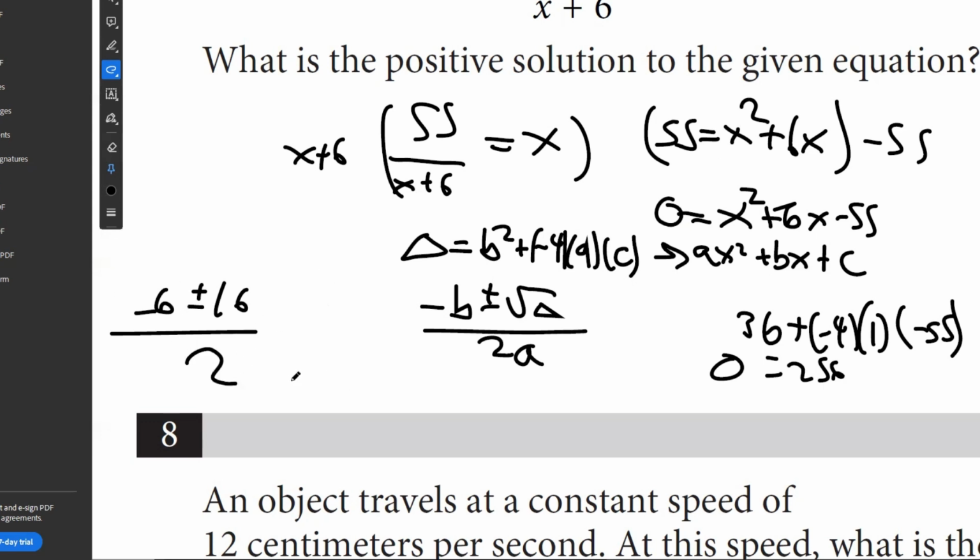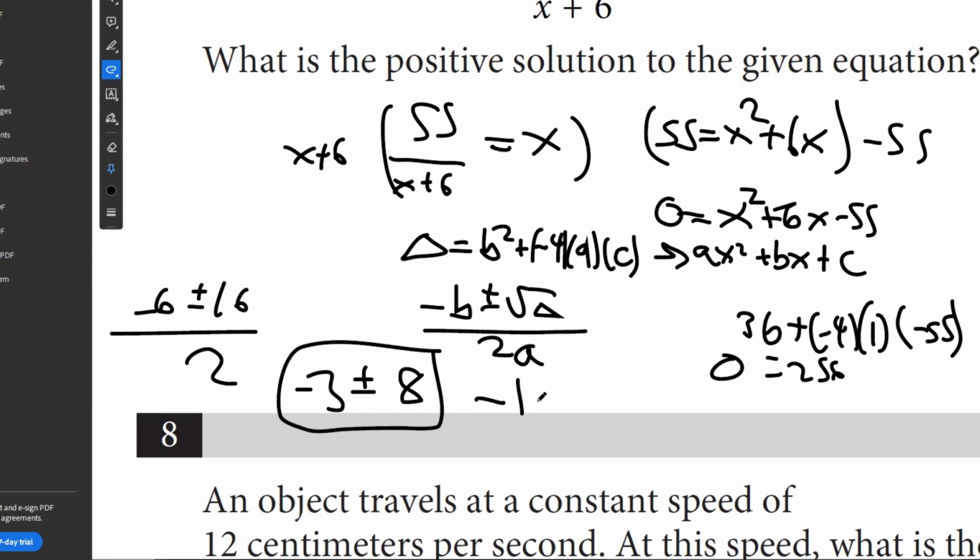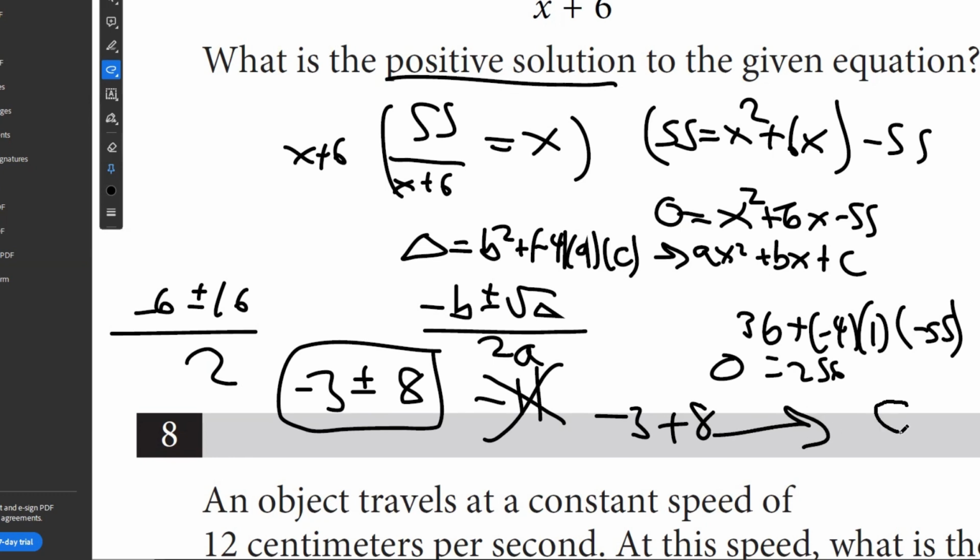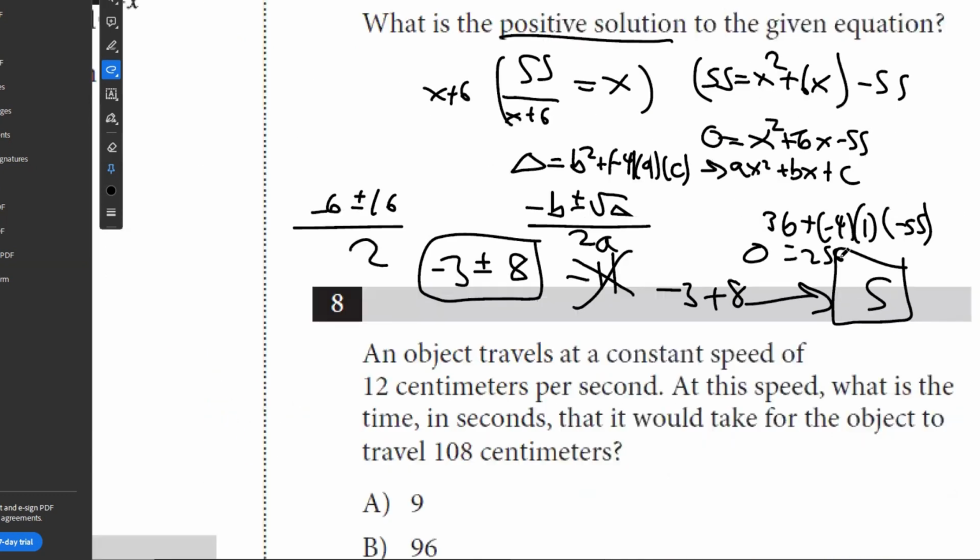If we divide this, it's going to be negative 3 plus or minus 8. So our answer can either be negative 11, but since it's asking for the positive one, we eliminate this, or negative 3 plus 8, which is equal to 5. Our answer choice is going to be 5.